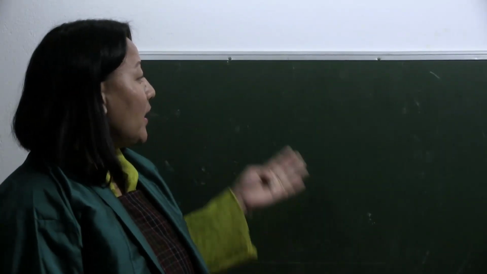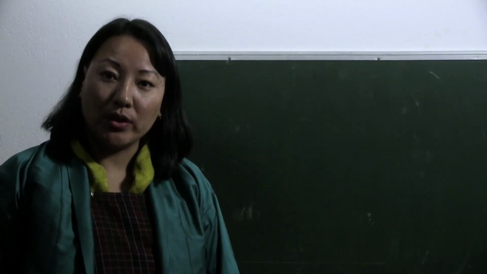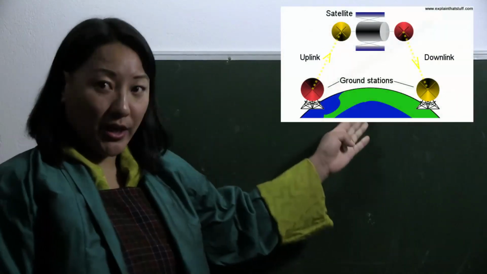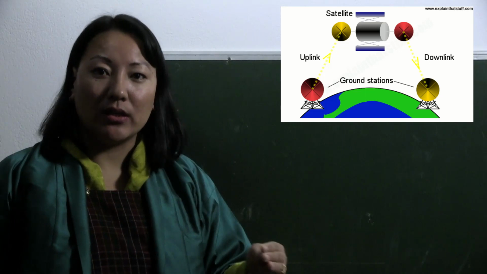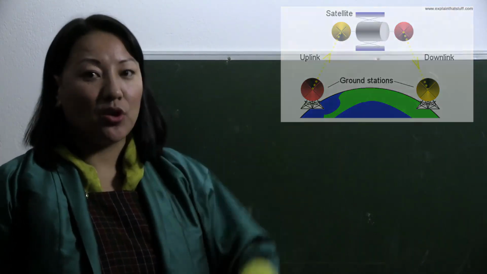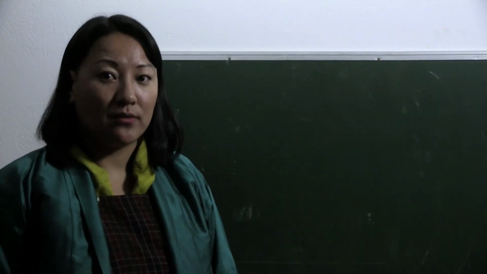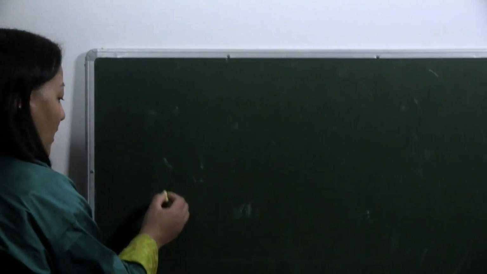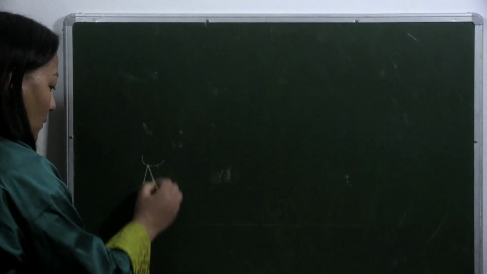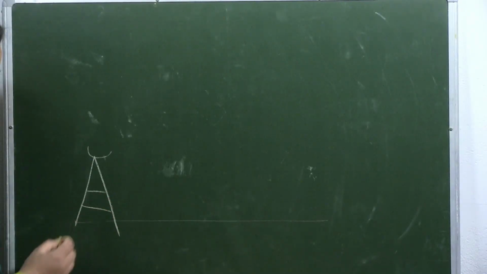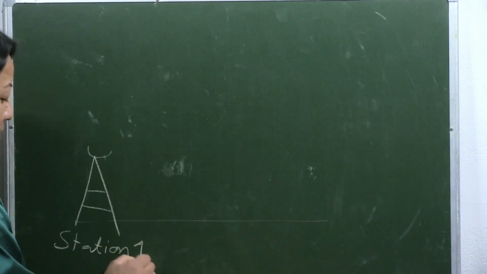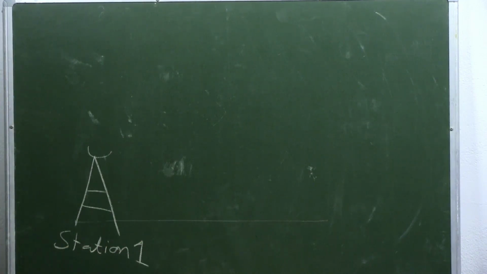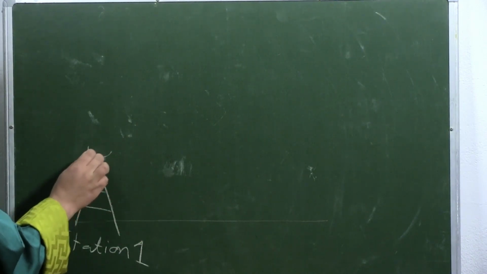Now let's learn how satellite communication works. The communication between two stations on the Earth with the help of a satellite is known as satellite communication. Let's take this as Earth Station 1.